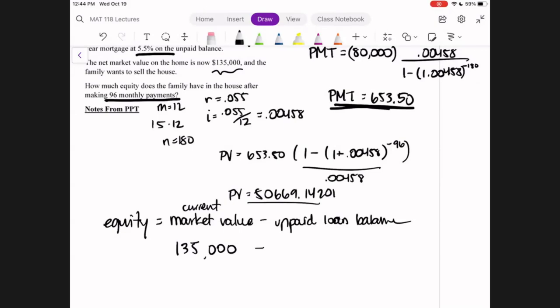And then it says how much equity does the family have after making those 96. So we did the 96 here, right? So what's the present value? So it's this, right? So if we subtract these two, that would be our equity. So 84,330.86. Okay, so that is the equity.